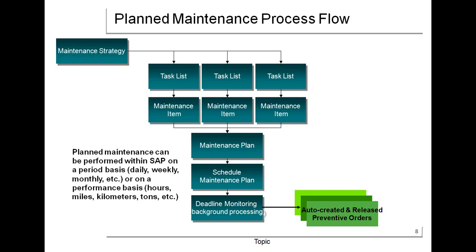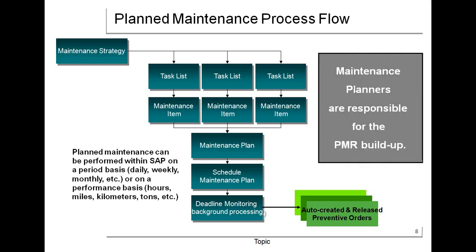If a plan date is found for that particular maintenance plan, an order will automatically be generated in the system. Those are called preventive maintenance work orders. So in general, preventive maintenance work orders are generated automatically by the system, not manually. Maintenance planners are responsible for the preventive maintenance routine build-up.